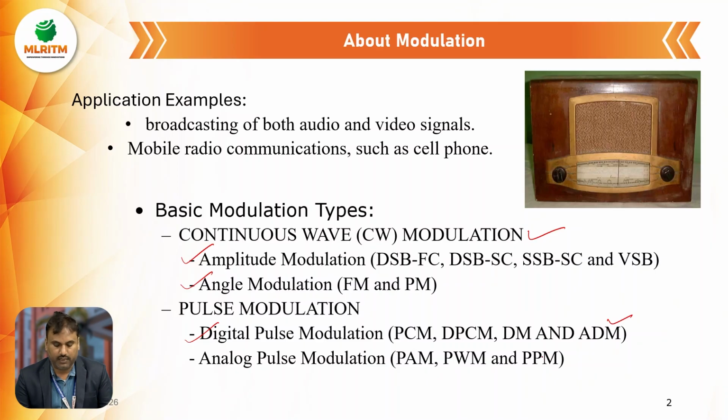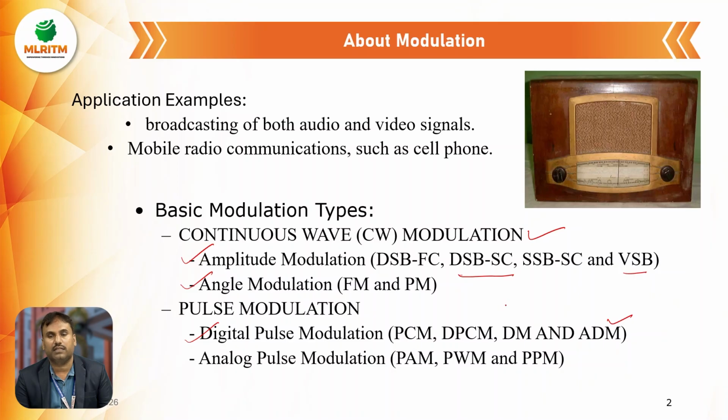In analog communications, especially, we are discussing amplitude modulation and angle modulation. In amplitude modulation, we have DSBFC, that is double sideband with full carrier, DSBSC, that is double sideband with suppressed carrier, SSBSC, that is single sideband with suppressed carrier, and VSB, vestigial sideband modulation.